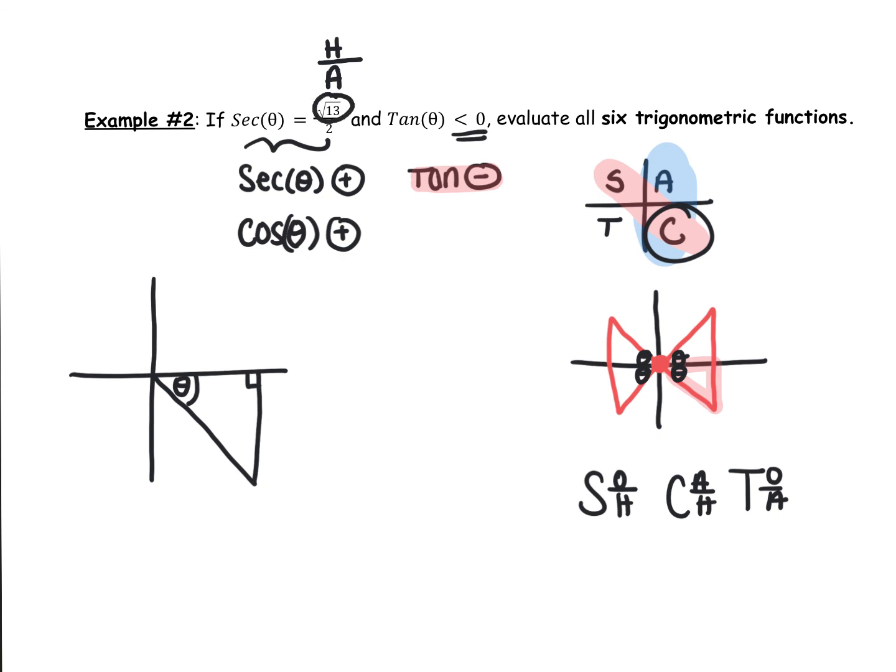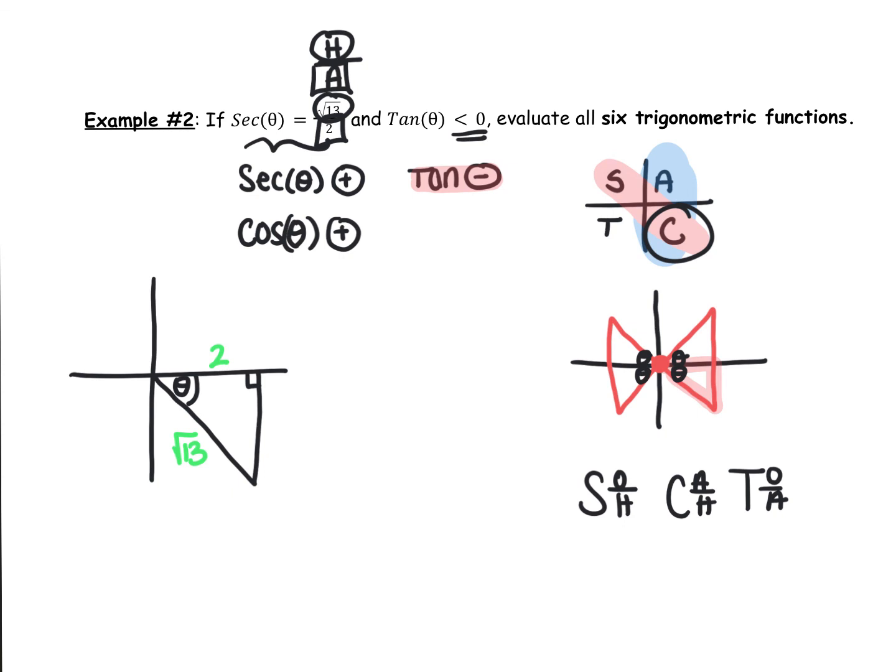So the rad 13 is the hypotenuse, and the 2 is the adjacent. So from our picture, we can go ahead and label. My adjacent side is right next door to the theta, so my adjacent side is 2, and my hypotenuse is rad 13.